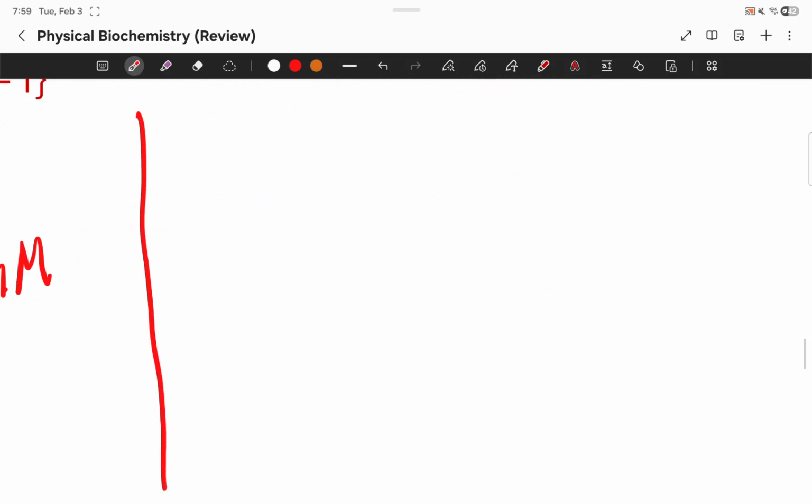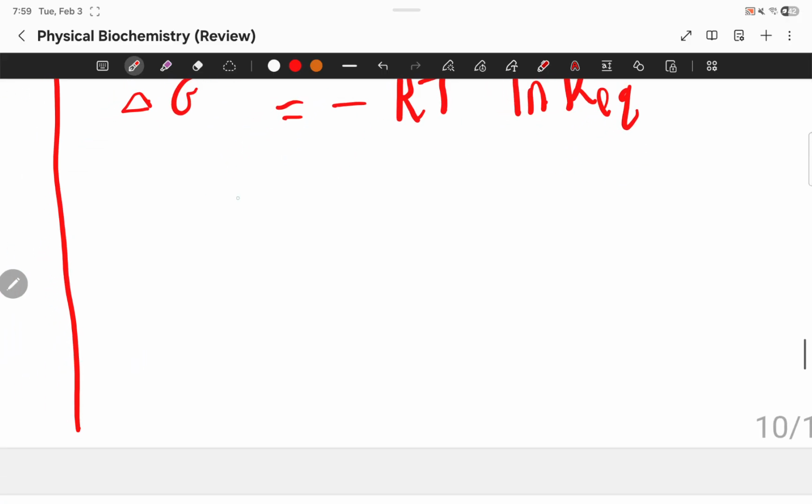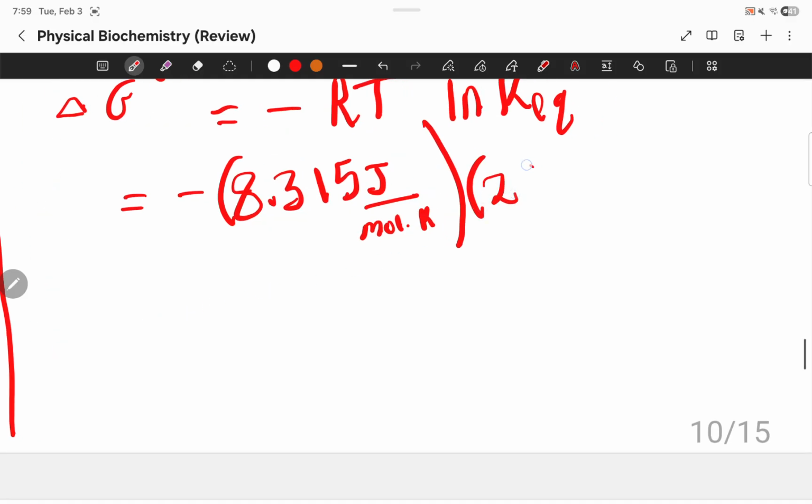Now, calculating delta G, I'm just going to write it right here. The biochemical standard delta G is equal to negative R T, the gas constant times temperature, ln K equilibrium, which is equal to negative 8.314 joules per mole Kelvin times 298.